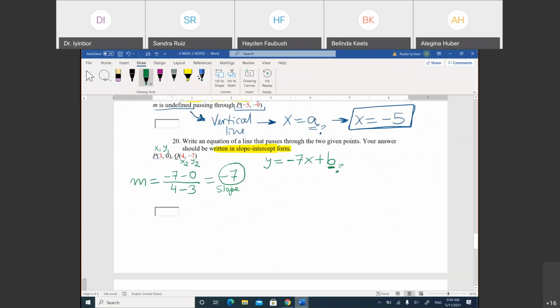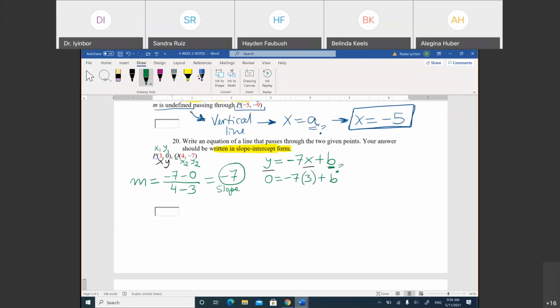So which point are you going to use? Doesn't matter. You can use P or you can use Q, doesn't matter. So I'm going to use X from P and Y from P. They have to be from the same point. I'm going to put X and Y here, and I'm going to find B. Okay? So I'm replacing Y is 0 equals -7, X is 3, plus B.